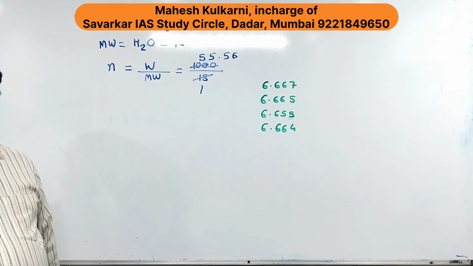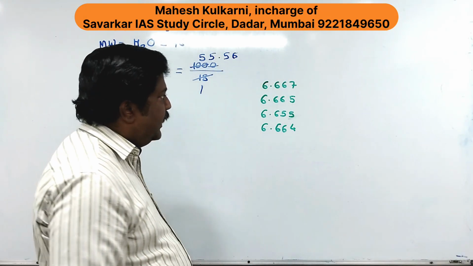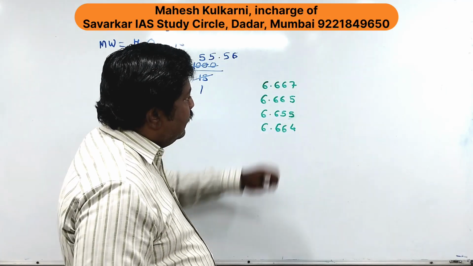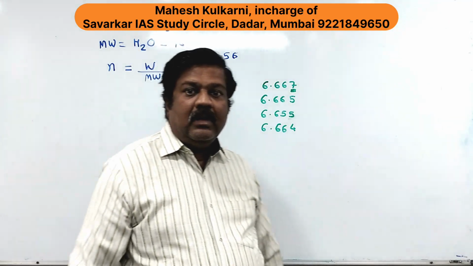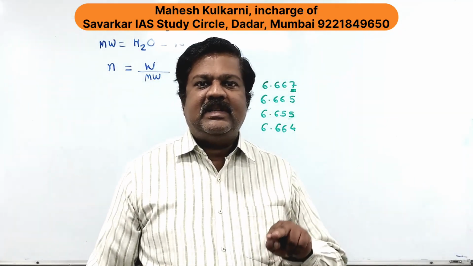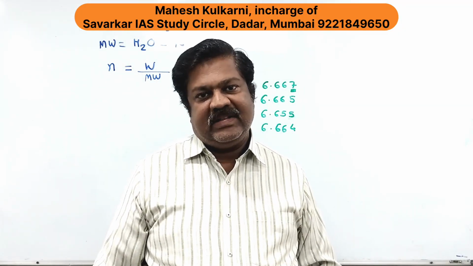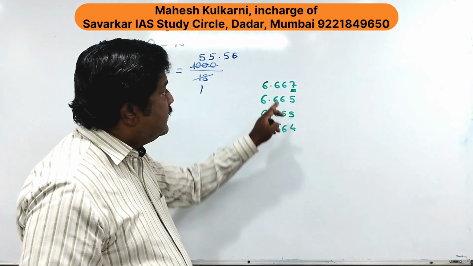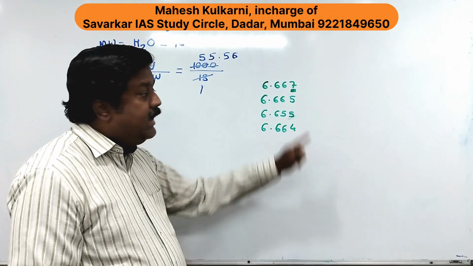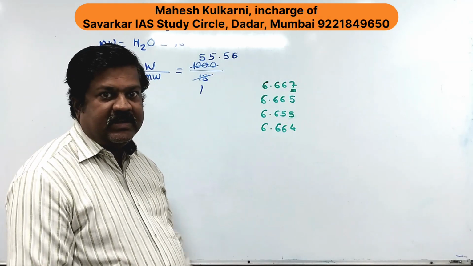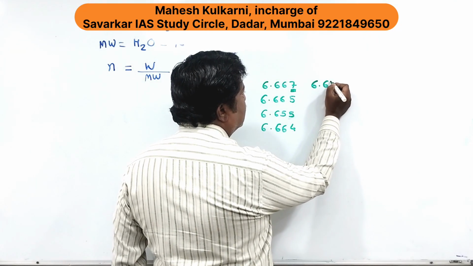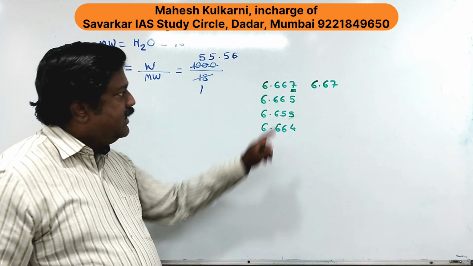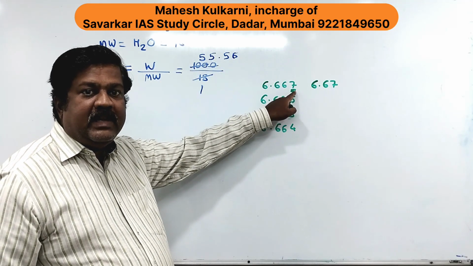How are we going to round up to 2 decimals? Here, as I have to round up the last digit, we have to check whether the last digit is greater than 5 or less than 5. As this digit is greater than 5, I have to add 1 to the previous digit. So this can be rounded up as 6.6 and 7, because the last digit is greater than 5.